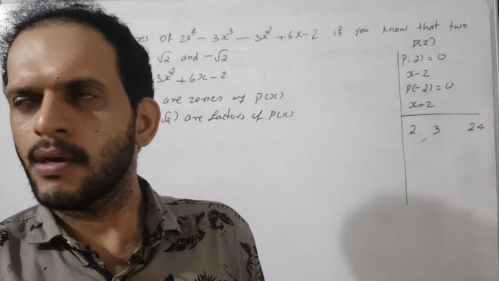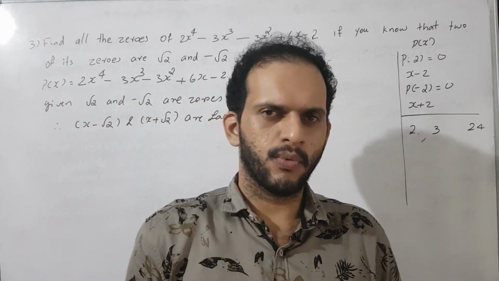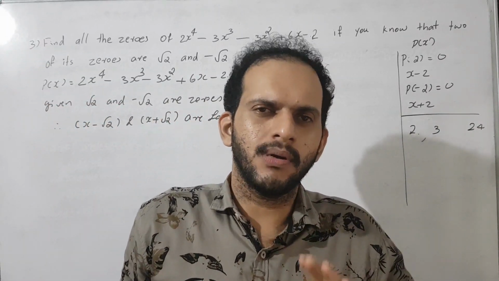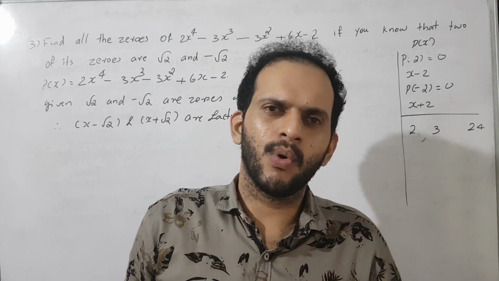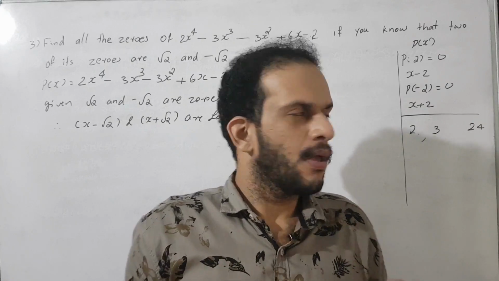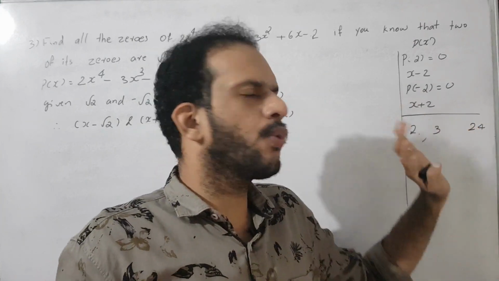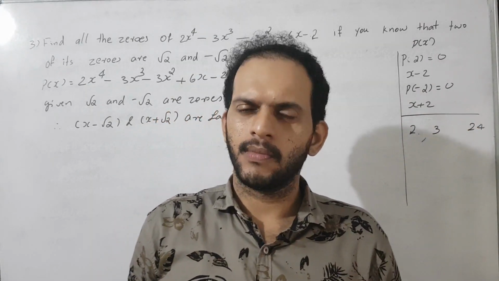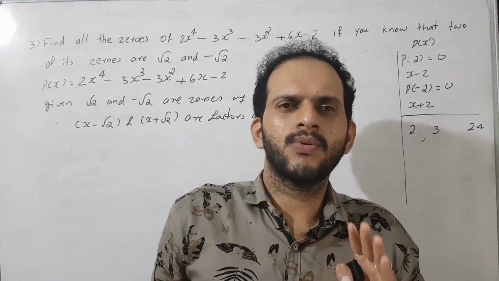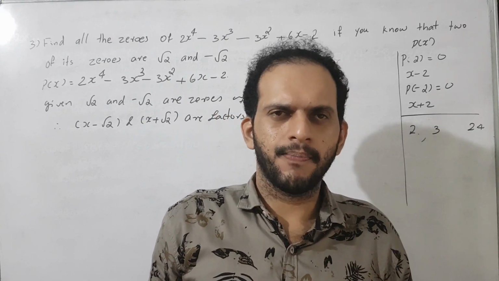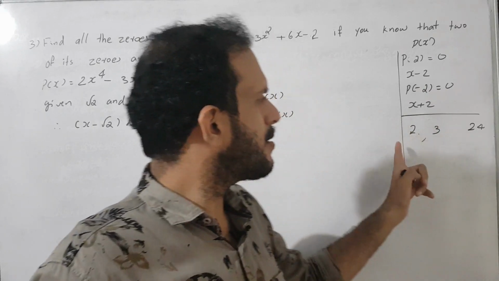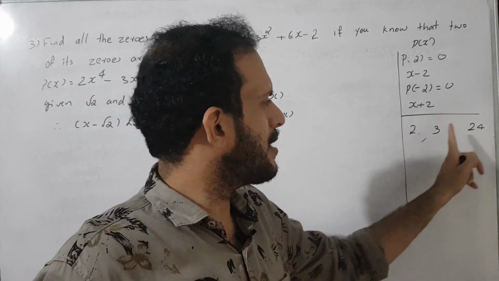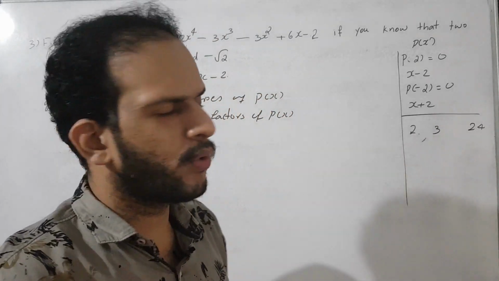2 is a factor of 24. 24 can be exactly divided by 3, that is, we get remainder 0. So 3 is also a factor of 24.